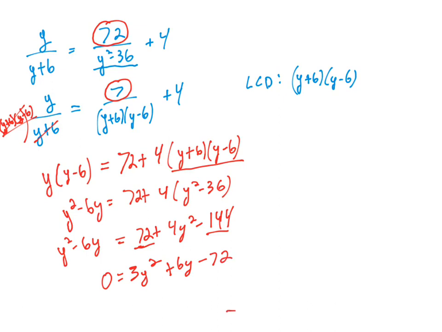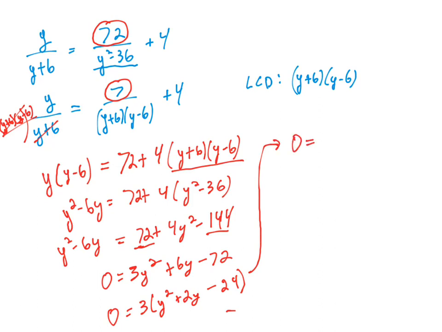Okay, so let's see if we can factor this. Well, first off, I think I have a common factor of 3. So y squared plus 2y minus, what do we have? Is that 24, I think? Yeah, 24. And then we can factor that.